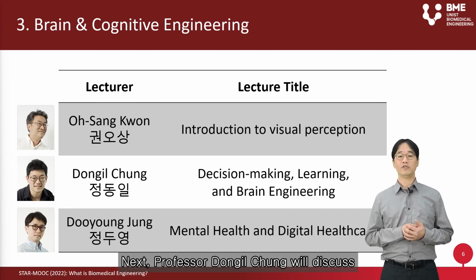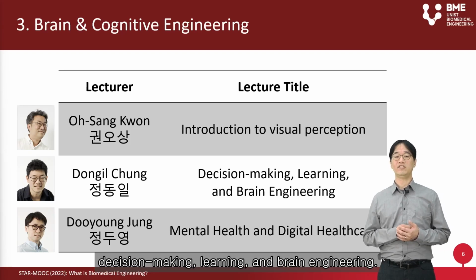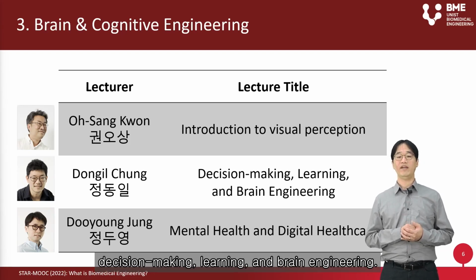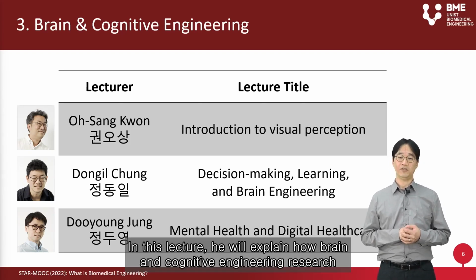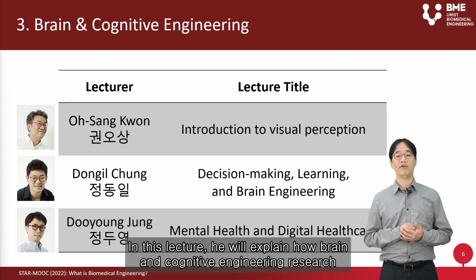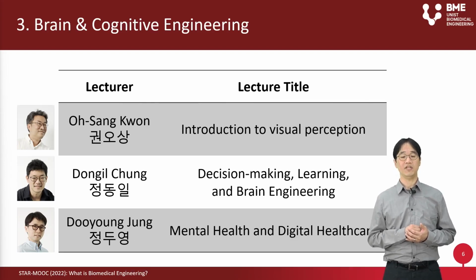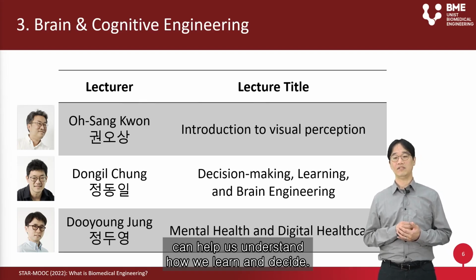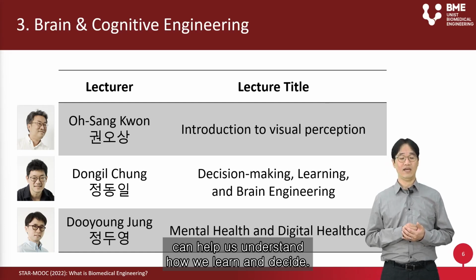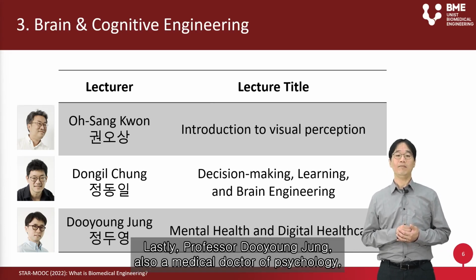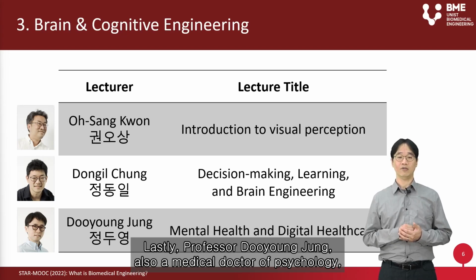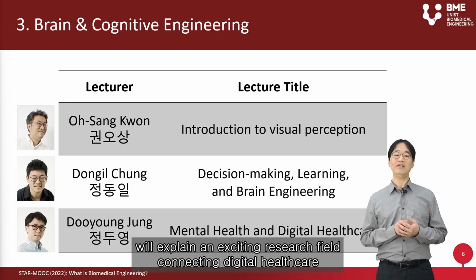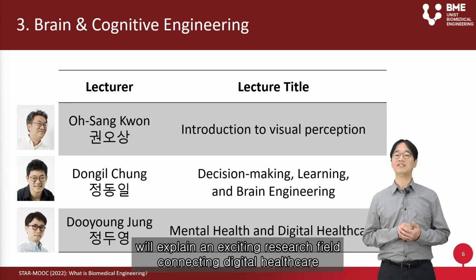Next, Professor Dong-il Jung will discuss decision-making, learning, and brain engineering. In this lecture, he will explain how brain and cognitive engineering research can help us understand how we learn and decide. Lastly, Professor Do-young Jung, also a medical doctor of psychology, will explain an exciting research field connecting digital healthcare to our mental health.